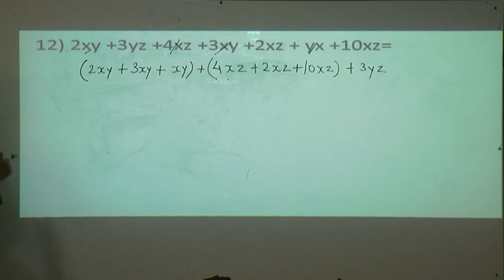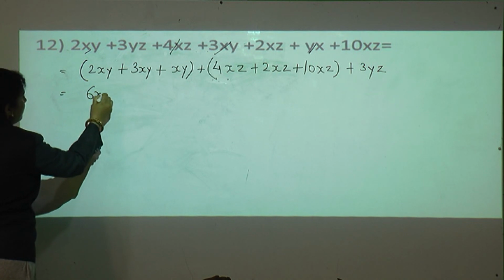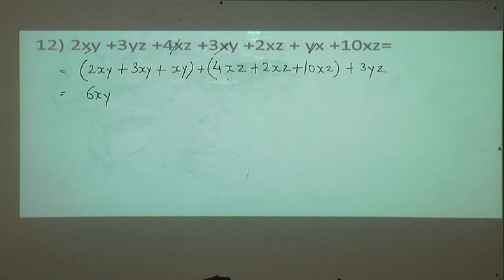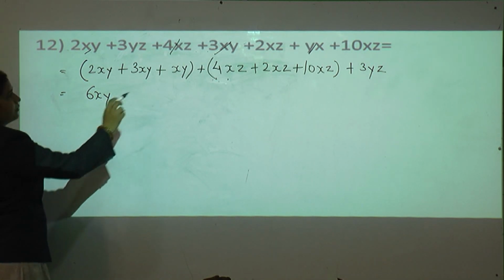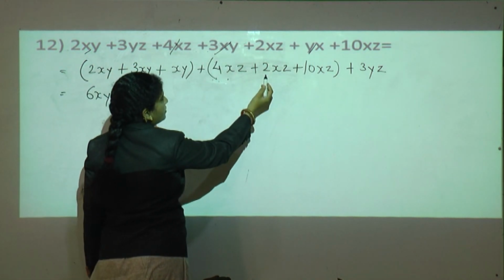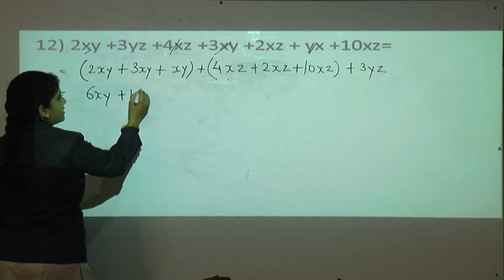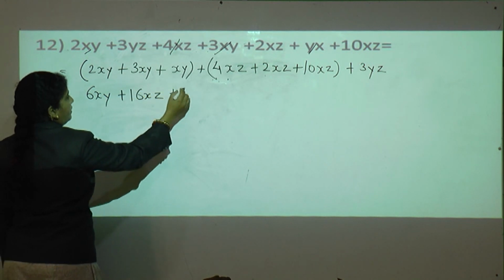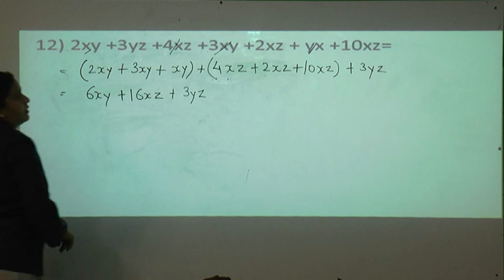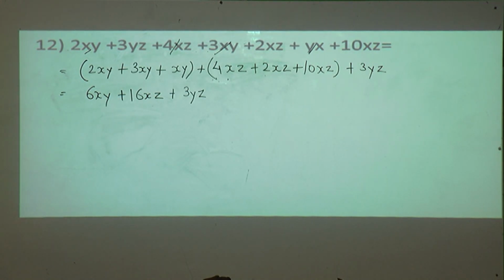Okay, now 2xy plus 3xy plus xy, just count it, do the addition, 6xy. Now here 4xz plus 2xz plus xz. Students, what to write there? Do the addition, 4 plus 2, 6, 6 plus 10, 16xz and 3yz like this. Okay, now understood all of you?